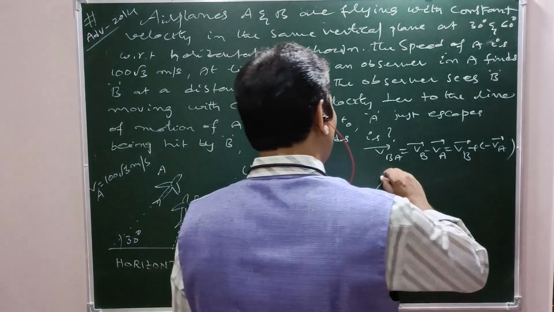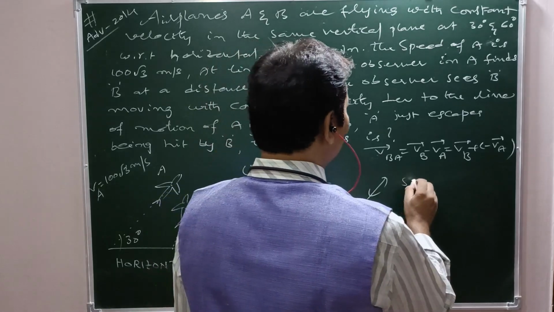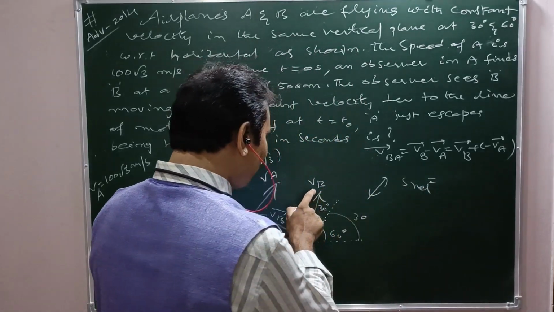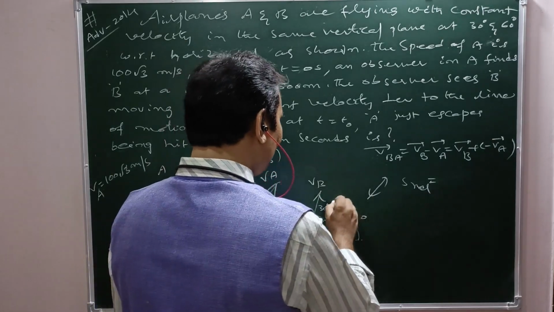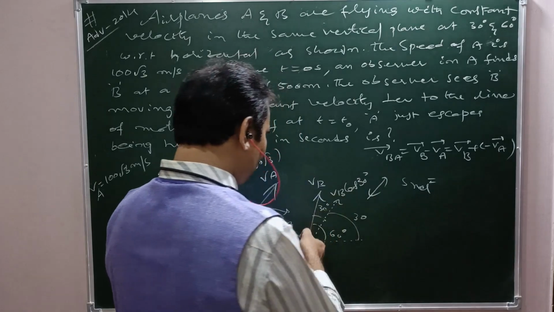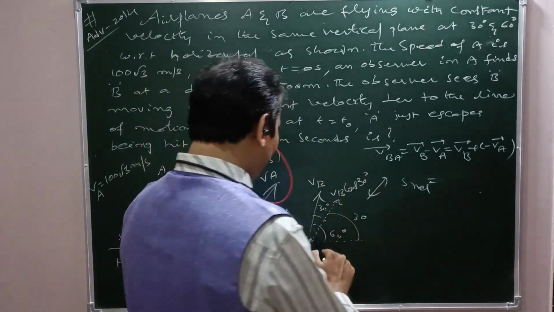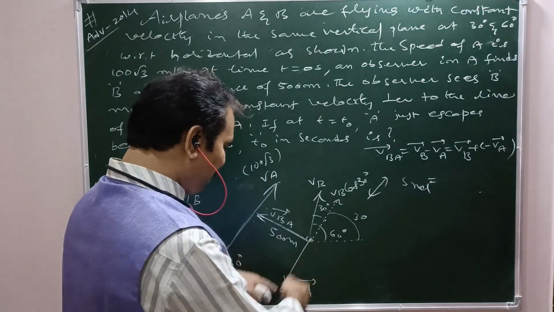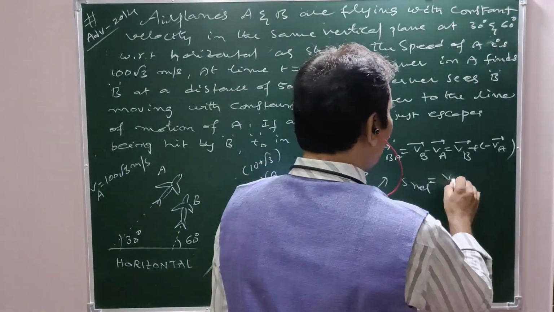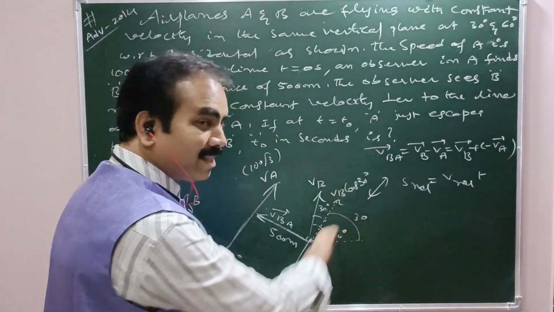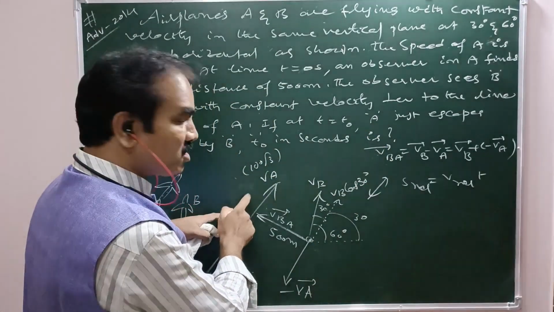Because along this way, if it is VB, this is VB cos 30 and this is VB sin 30. So this is VB cos 30, and this is minus VA. So S relative equals V relative into T, along this way, that is parallel to the direction of motion of A.